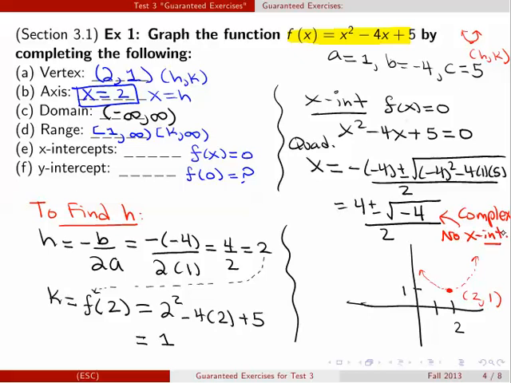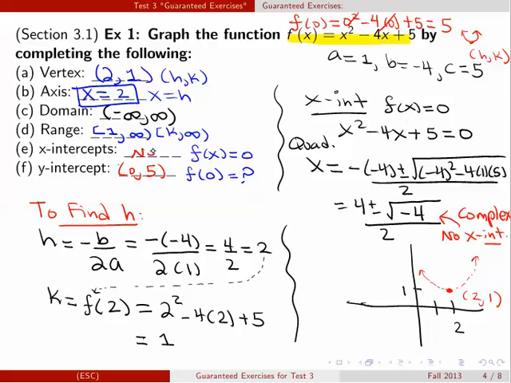Okay, now to find the y-intercept, you will plug in 0. Let me go here to the formula. If you plug in 0 for x here on the top, you can see that the y-intercept will be 5. So the y-intercept is 0, 5. There are no x-intercepts, and we're ready to graph this parabola.